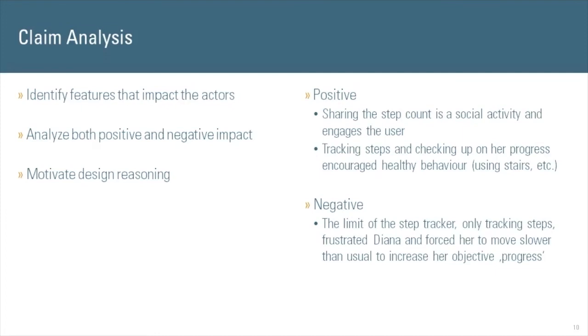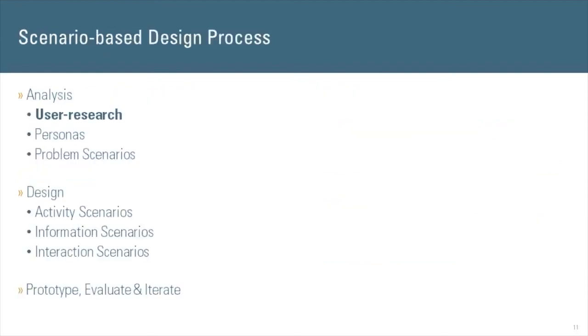But also a negative point would be that the limit of the step tracker only tracking the steps and not her bike ride and her swimming frustrated Diana and forced her to move slower than usual to increase her objective progress because she had to take steps and not ride a bike to the library, for example. And yeah.